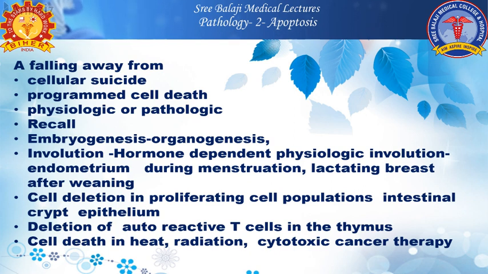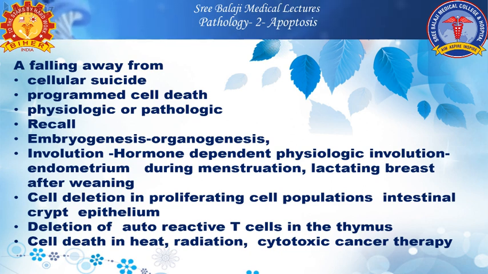I told you examples of physiological and pathological causes. In embryogenesis, I showed the webbed finger. Then hormone-dependent involution, that is the endometrium coming back to normal after menstruation and the lactating breast coming back to normal after weaning, all by programmed cell death.